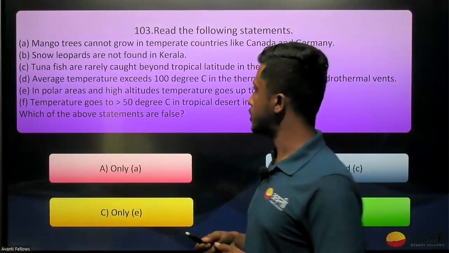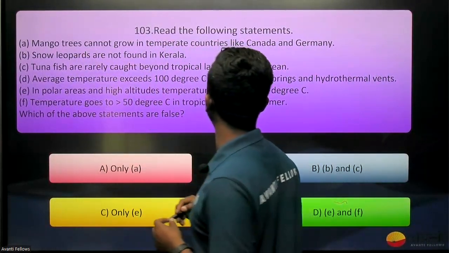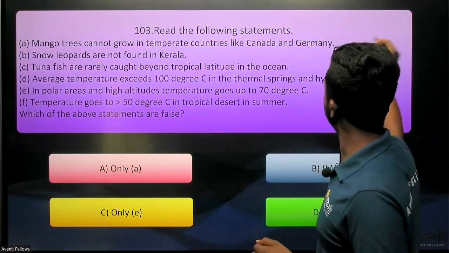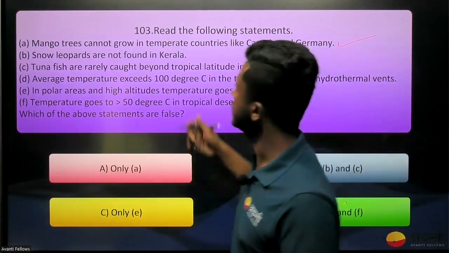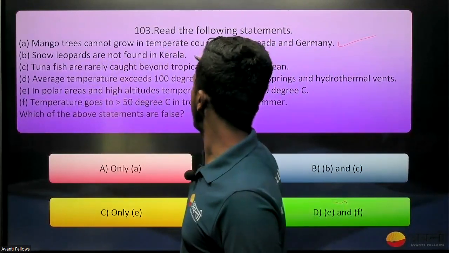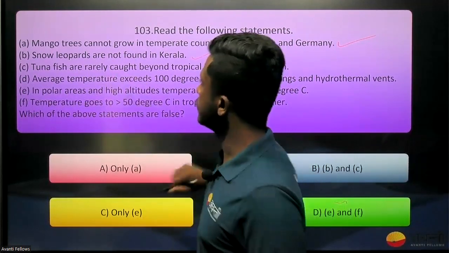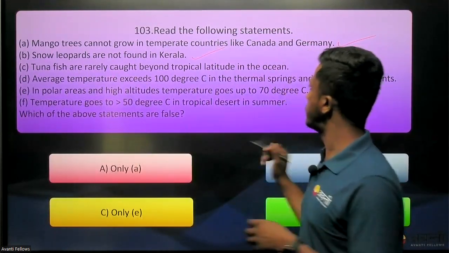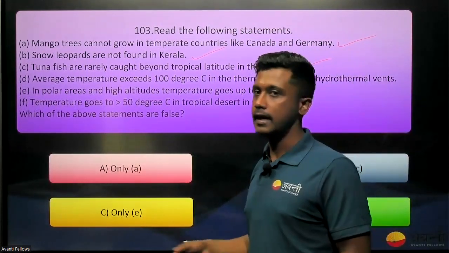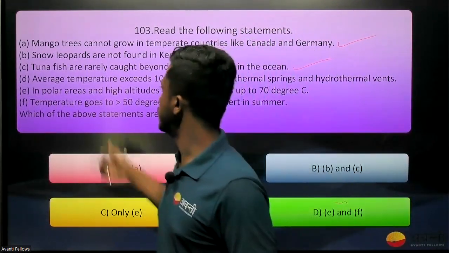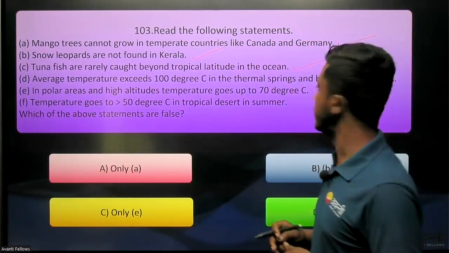Let us look at the first statement. Mango trees cannot grow in temperate countries like Canada and Germany. This is correct, because mango is for tropical countries. Snow leopards are not found in Kerala. Yes, they are found in the Himalayas, not in Kerala. Tuna fish are rarely caught beyond tropical latitude in the ocean. Correct, they are mostly caught within the tropical latitudes. Average temperature exceeds 100 degrees Celsius in thermal springs and hydrothermal vents.